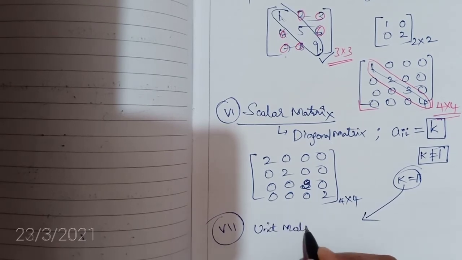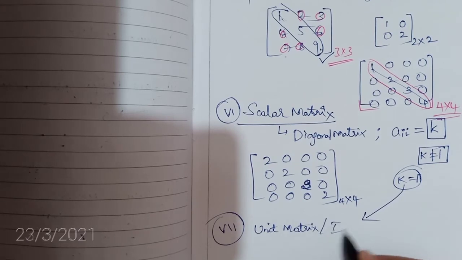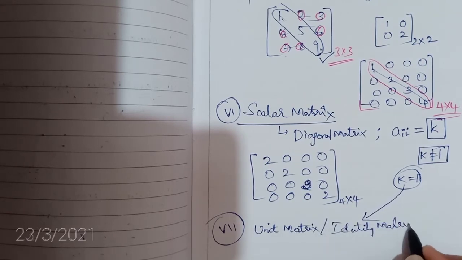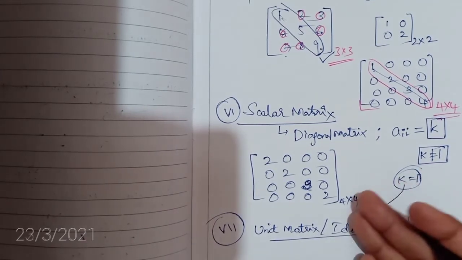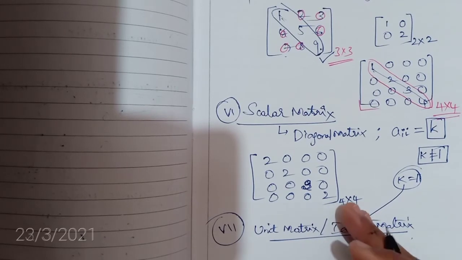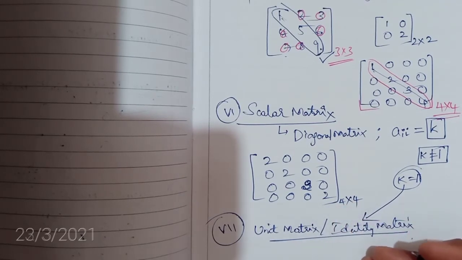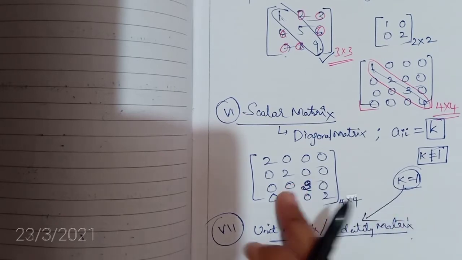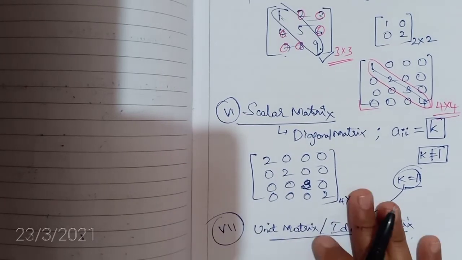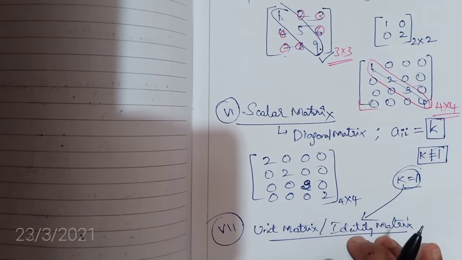There is one more name, unit matrix or identity matrix. That is the reason you do not take k equal to 1. Even if you take it, that's not a mistake. But because we already have one standard name for the matrix where k is equal to 1, we do not include it here. You can take any other value. So this is the unit matrix.